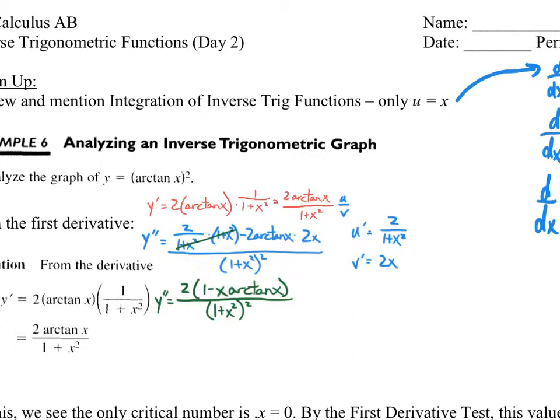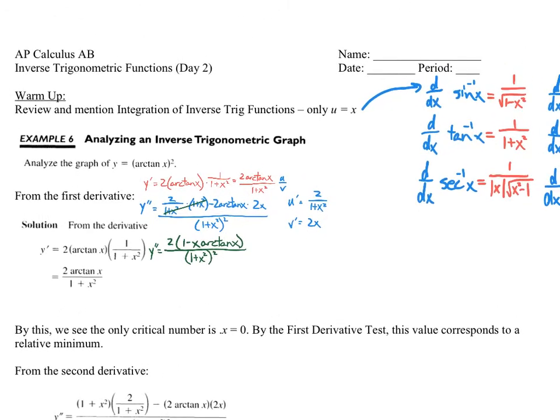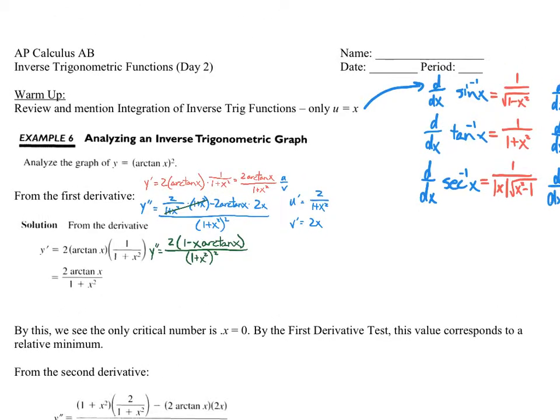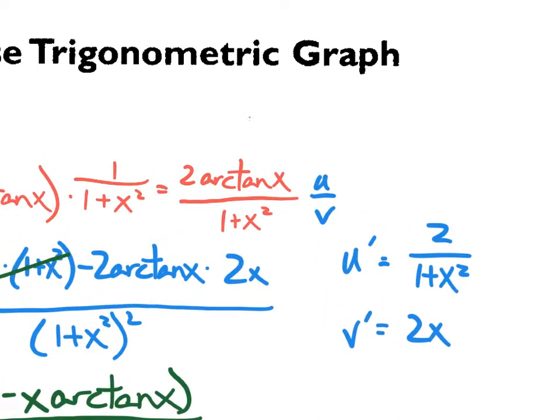So now if we're going to analyze the graph, we need to consider where the first derivative equals 0 or is undefined. The only critical number that we're going to get actually is 0. Don't forget what the domain of arctangent is.